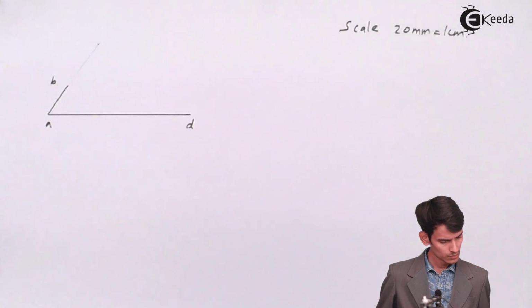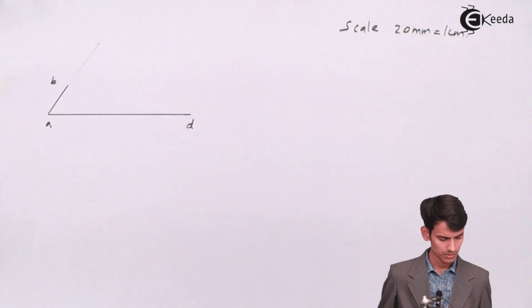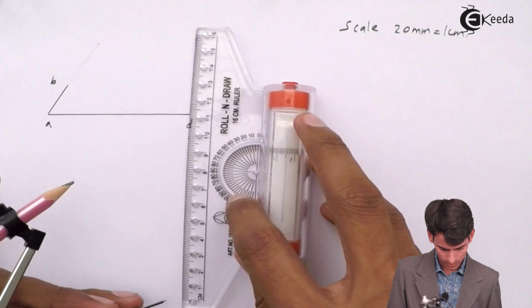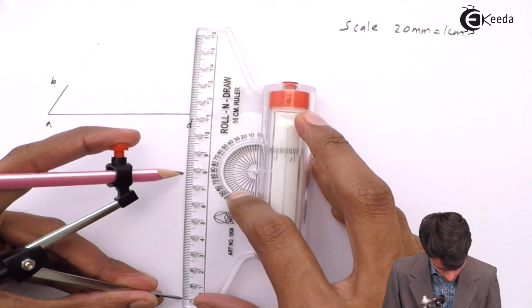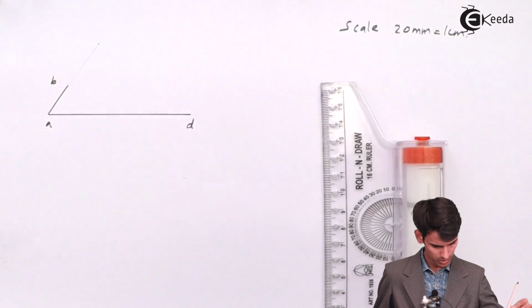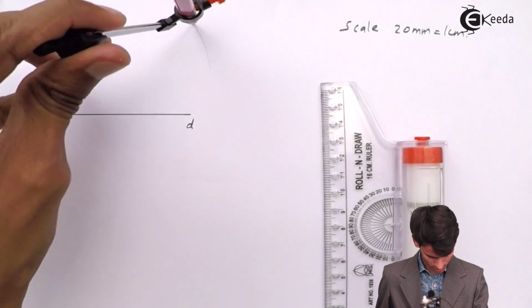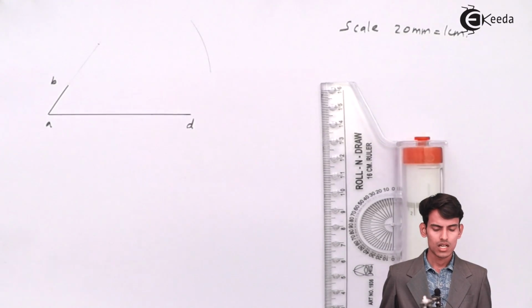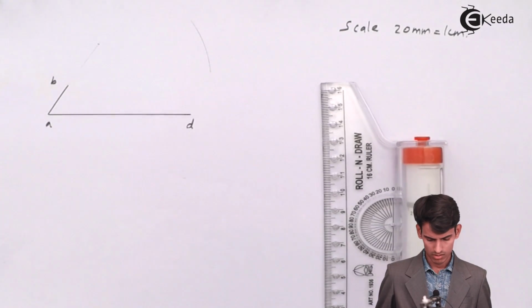If you read the question, BC and AD are of equal length. So AD is 7.5, so BC is also 7.5. Now it is given that CD is 80 mm, so 80 mm comes out to 4 centimeter.